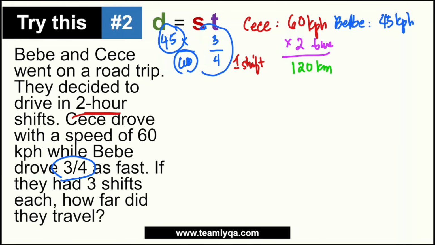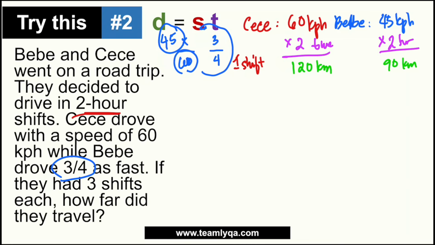Now, si BB naman, ang kanyang shift din, 2 hours din, kaya lang ang speed niya ay 45. So, ibig sabihin, yung 2 hours na yan, ang magiging distance ni BB naman is going to be 90 kilometers.